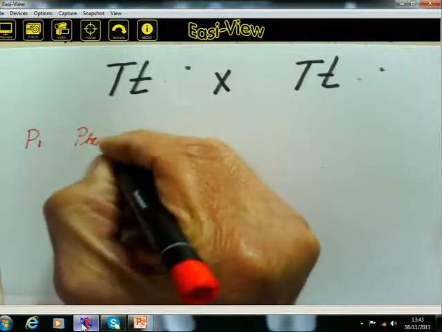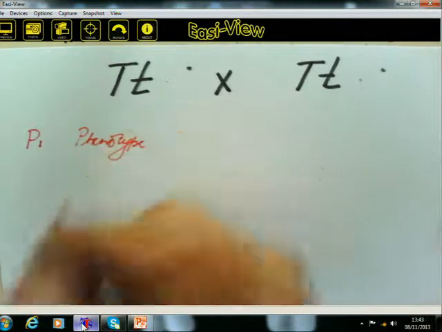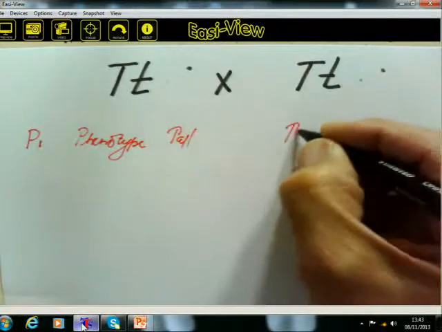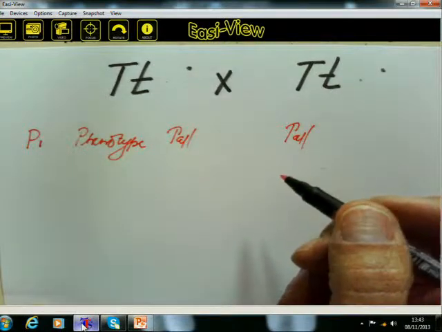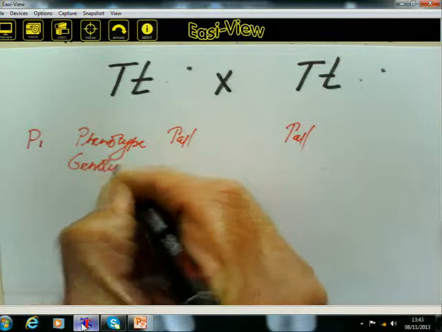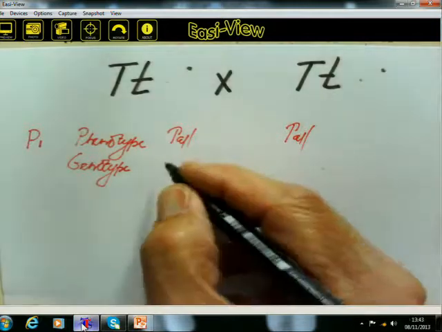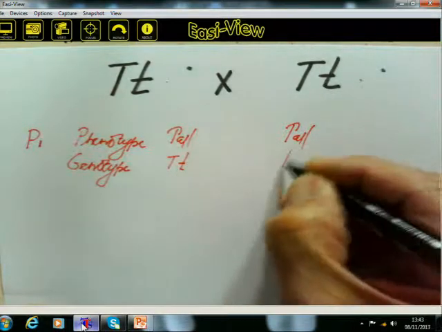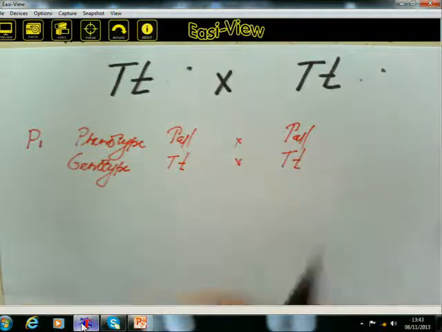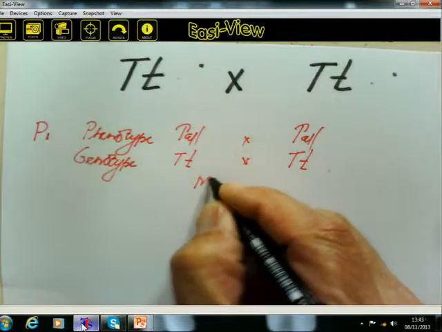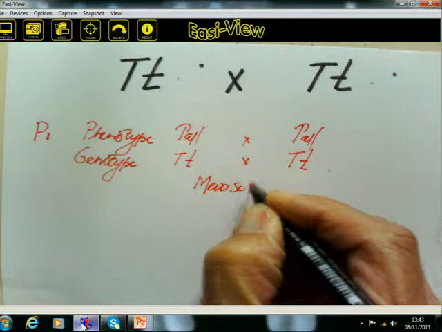The phenotype: this individual is tall. That individual is tall. The genotype, I gave it to you because I did not pose a specific problem in terms of a sentence or sentences and words. The genotype is that specific combination. The process of meiosis must take place.